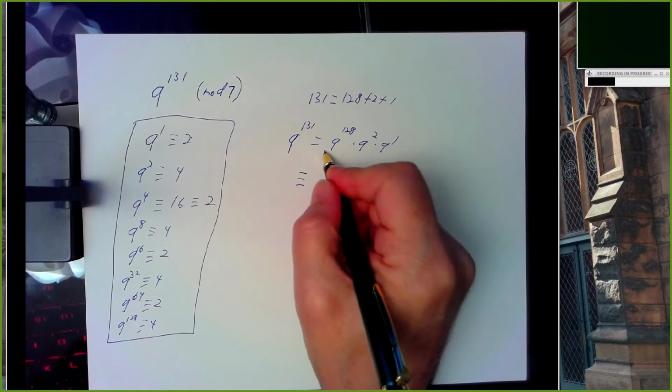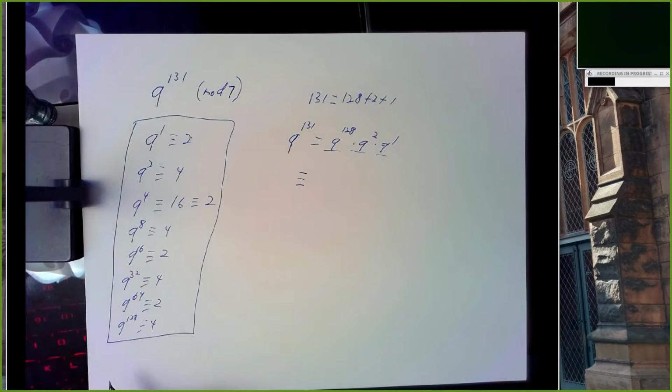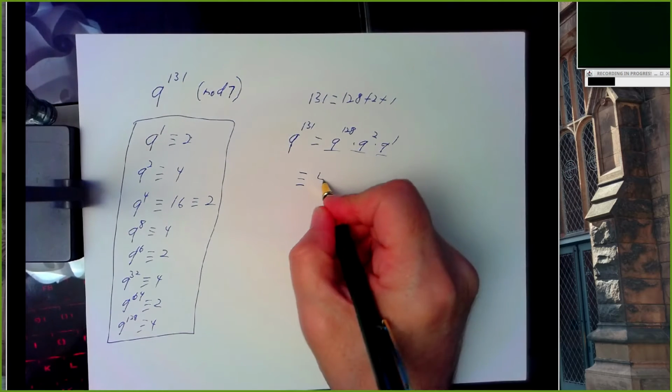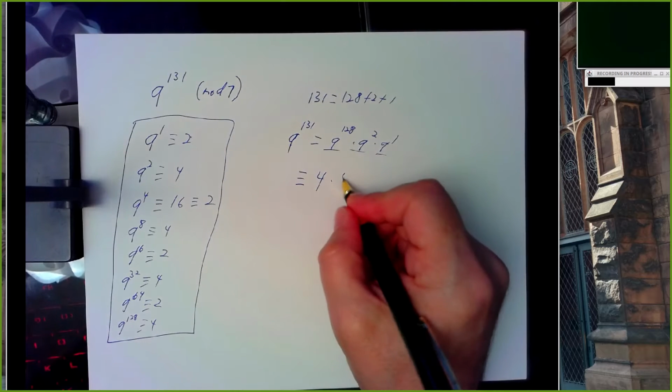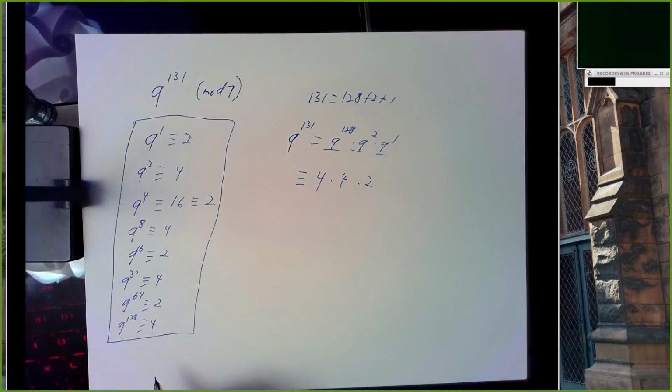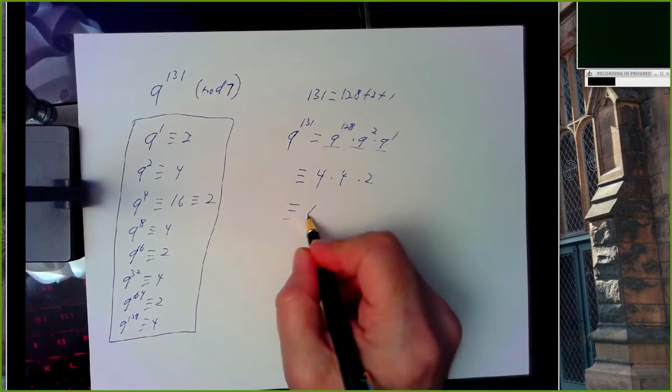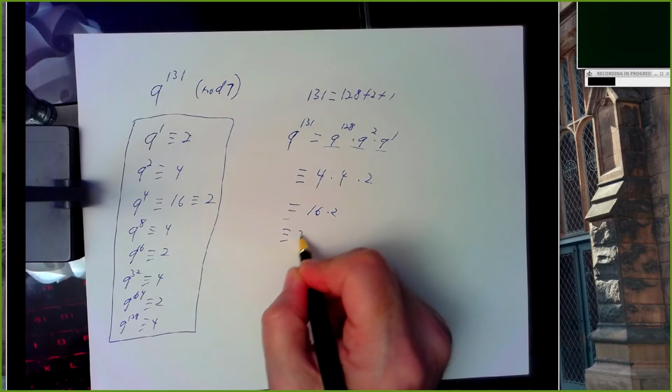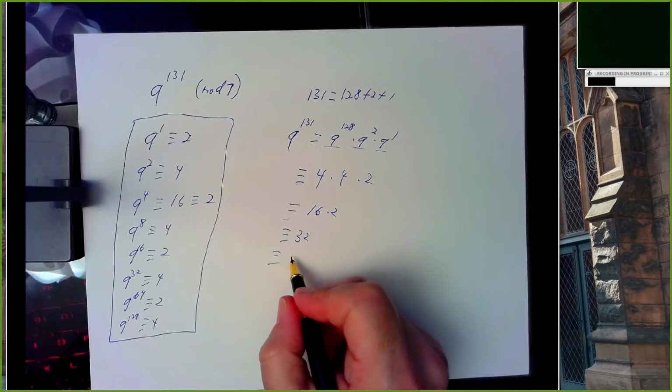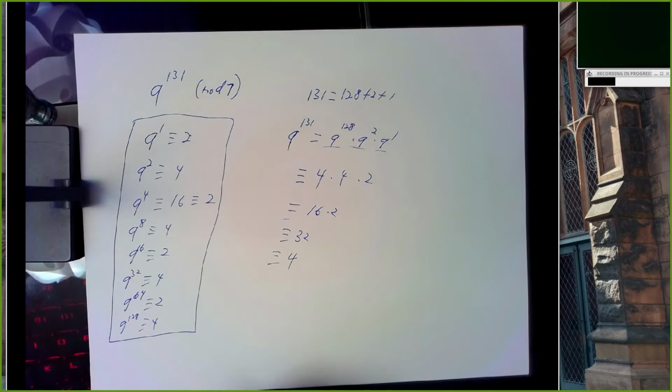And since we've calculated each of these modulo 7, we can say this is congruent to 4 times 4 times 2. And then you do the calculations. This is 16 times 2, which is 32, which is 4 more than 28.